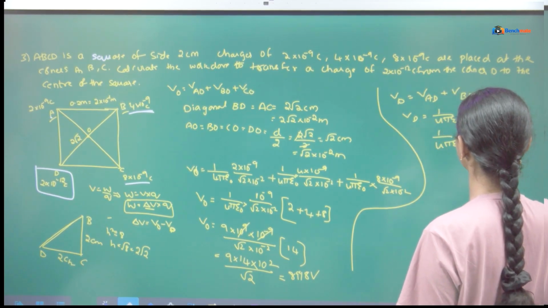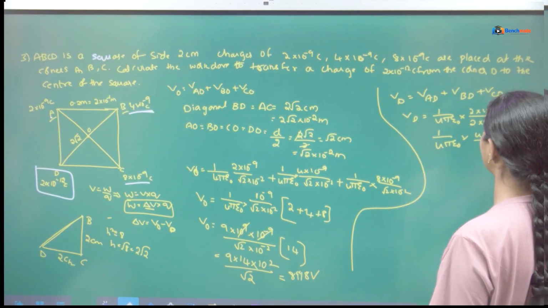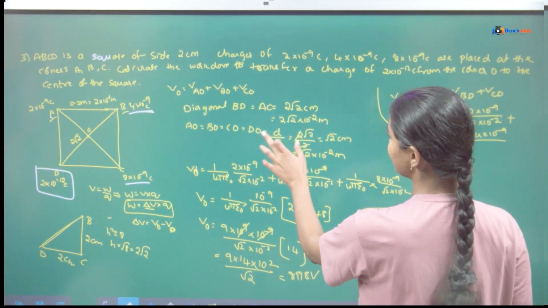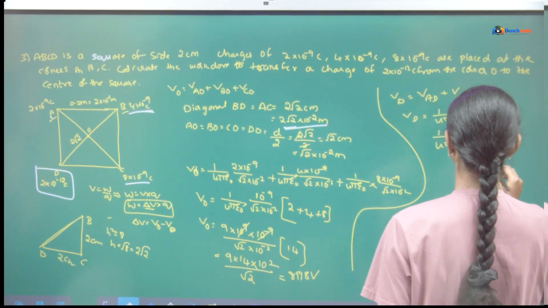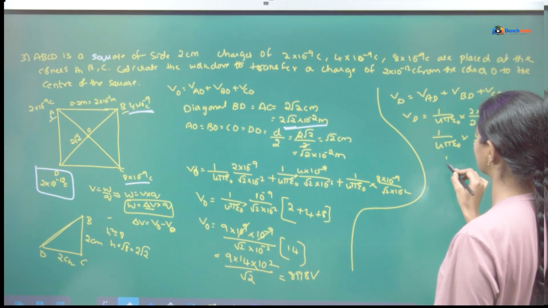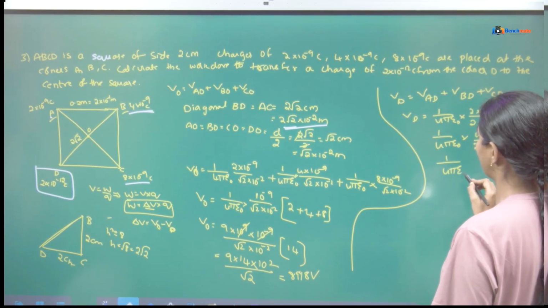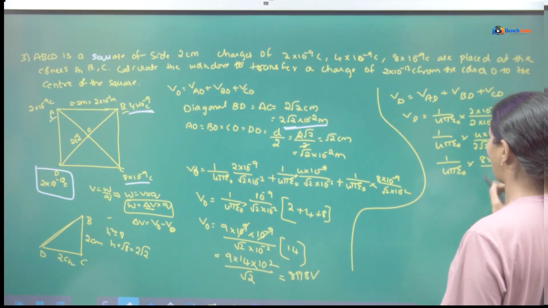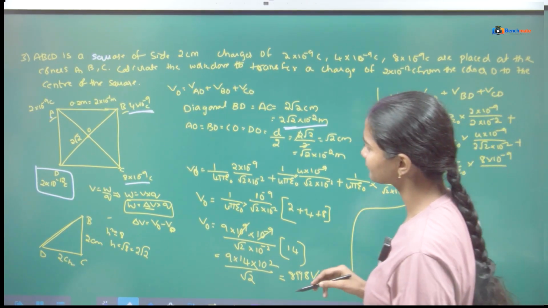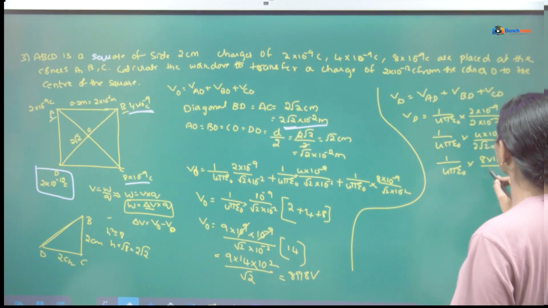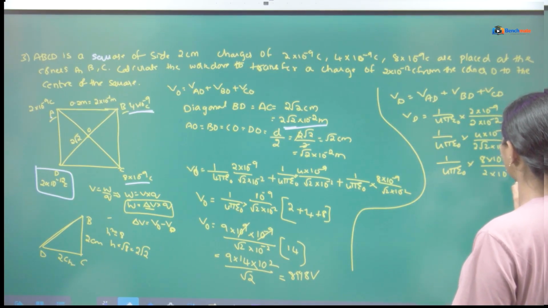Plus VBD, 1 by 4 pi epsilon naught. B charge 4 into 10 power minus 9 and the distance BD. BD I have written here, see, that is 2 root 2 into 10 power minus 2, that is the diagonal distance. Next, VCD, 1 by 4 pi epsilon naught, 8 into 10 power minus 9, and the distance CD is the same as AD, that is 2 into 10 power minus 2.